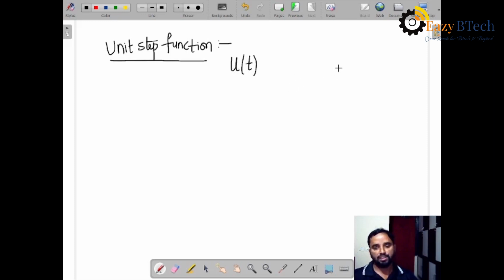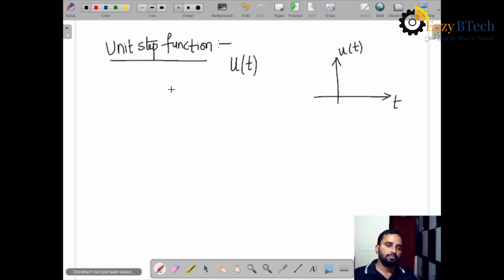Now I am plotting this signal. How u of t is. So here x-axis is t and y-axis is u of t. It is like a step shape.